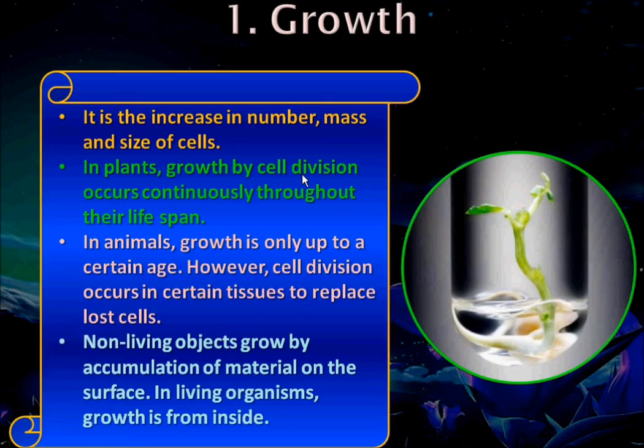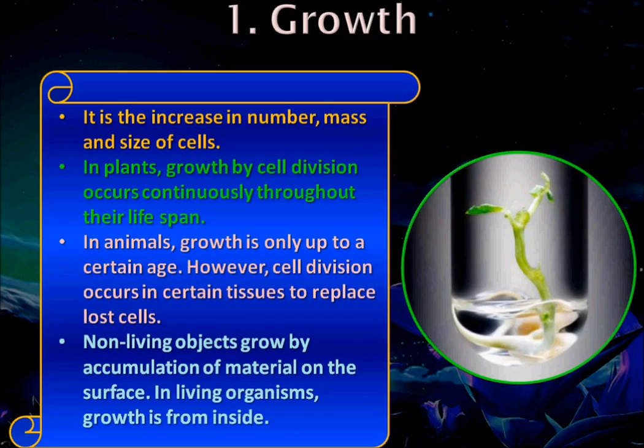And then in higher plants and animals, growth and reproduction are exclusive events, and certain unicellular organisms, they also increase in number of cells, like they will divide and form two cells.